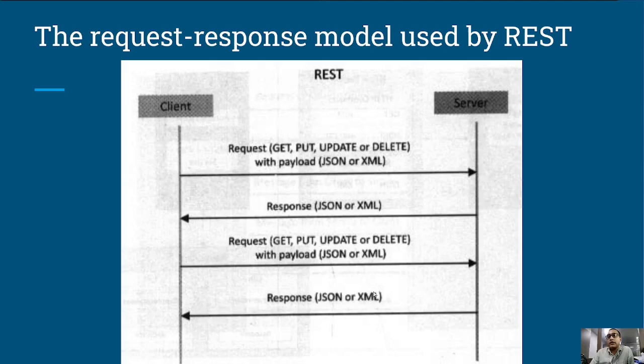This process goes on like this. So for those kinds of IoT systems where the data transmission and reception is not continuous, that means after some instant you need to send some data and then you have to get some response, for that kind of communication the REST API can be the best.